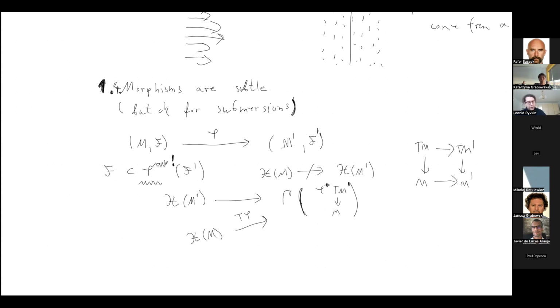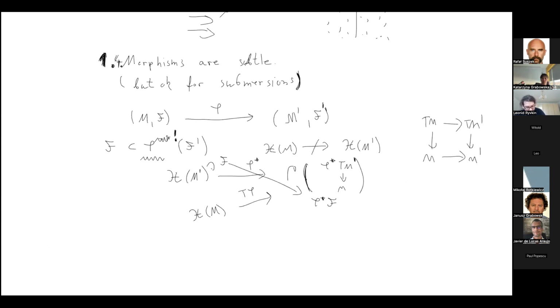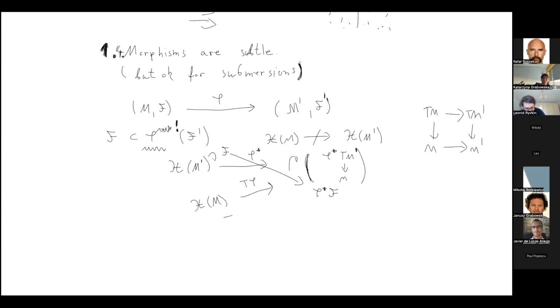And so basically our way to get phi exclamation mark of F' is we start with the F here, we move it to phi star F here. We then take the inverse image of phi star F. And this in general will not be a module over smooth functions.